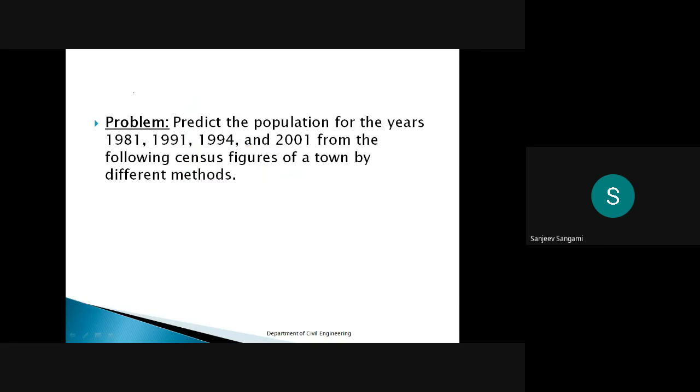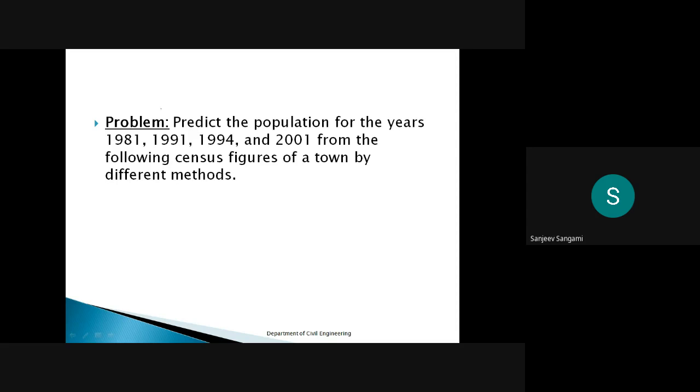This is a little bit of a different problem. Yesterday also we took one small example, but this problem is slightly different from yesterday's class.